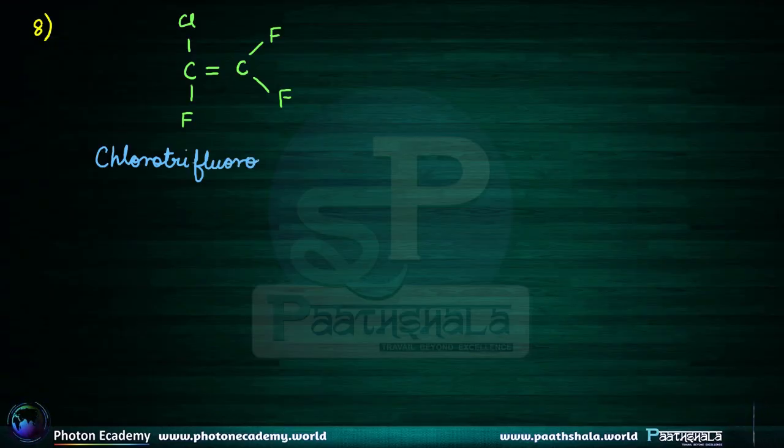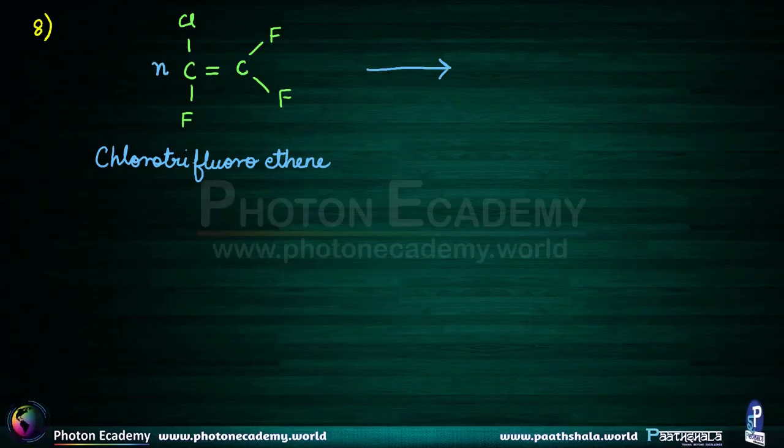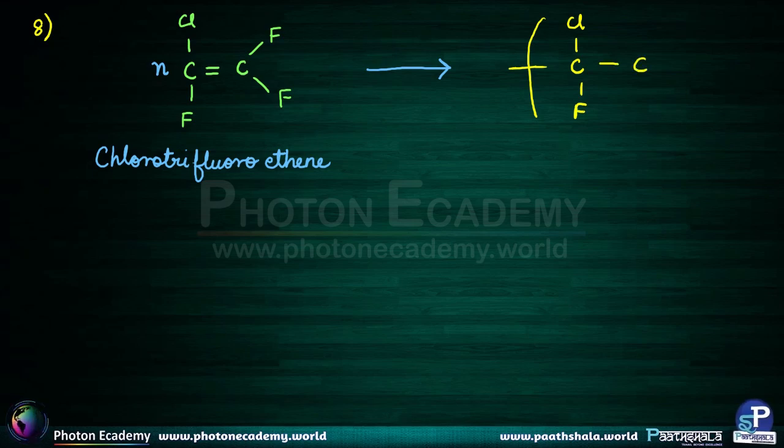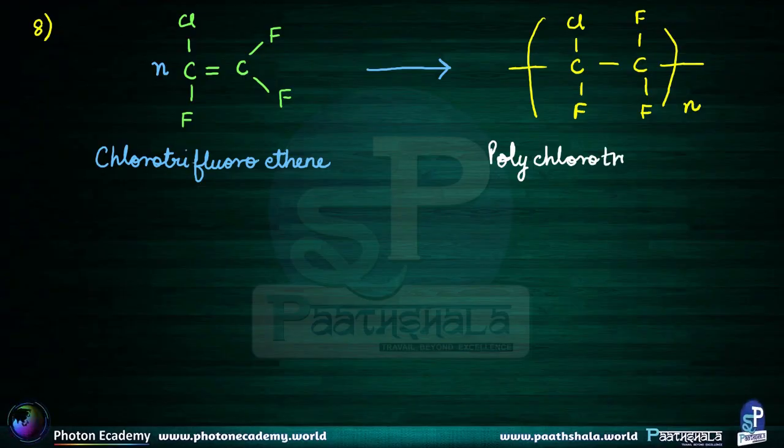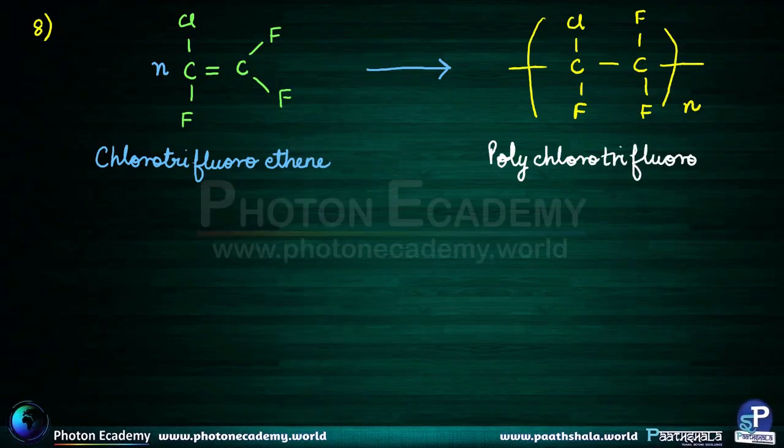Then we have ethene, and n units of this on polymerization will lead to the formation of the polymer, which is CClF, then we have C and two more Fs, F and F. So we have got n units of this being developed, and of course the poly word will be added to the name. So polychlorotrifluoroethene. Okay, this is the eighth one.